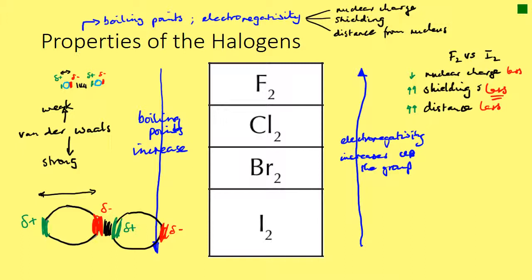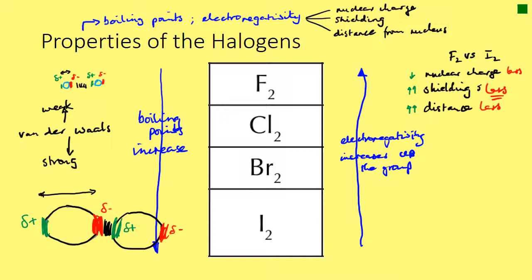So why don't we do it like this? Nuclear charge, I'll do a column here. We do fluorine versus iodine. Nuclear charge is going to be less. Now, what about shielding?